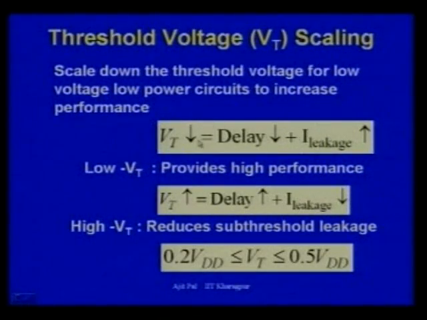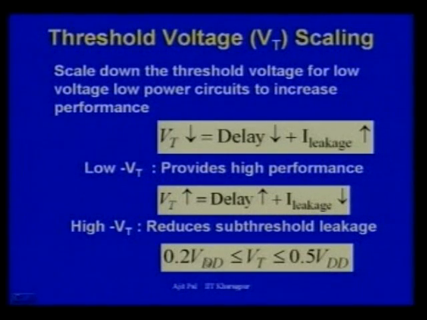You can see that whenever you use low threshold voltage, delay is small, you get high performance, but leakage power is high. On the other hand, whenever you use high threshold voltage for the same transistor, your delay increases, but leakage power is less.